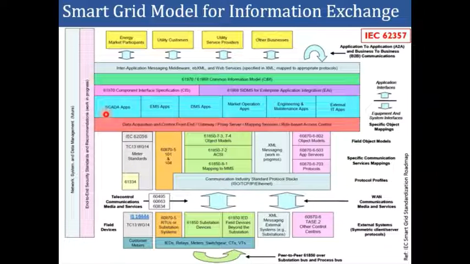So the data format which is non-standard will be changed into a standard format using the 61970 and 61968 standards suggested in the common information model based standard, and this standard based data will now flow in the enterprise service bus, and then this data will be consumed by various other IT applications or other business related applications for further processing of the data, and then the refined data will be displayed to the external world.